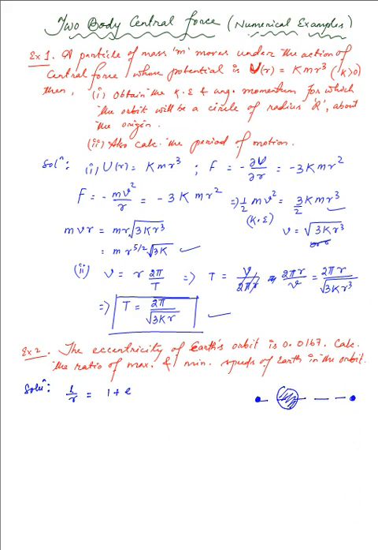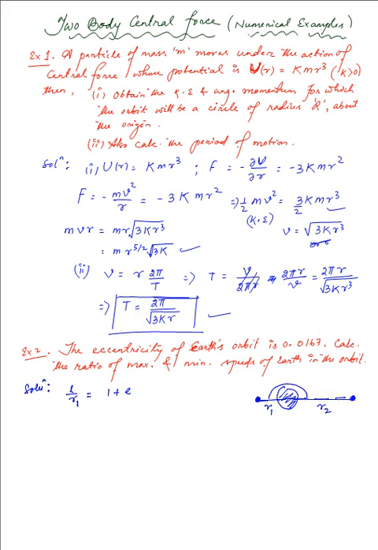So if one of the positions is taken to be 0 degrees, then the other one will be at an angle of 180 degrees. This is the closest distance, R1, and this one's R2, as we had expressed in our deduction of Kepler's third law in the theory section.